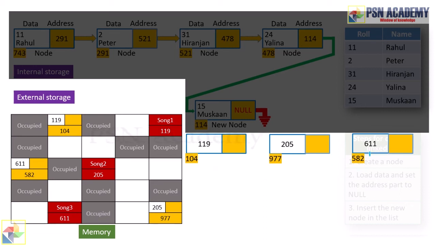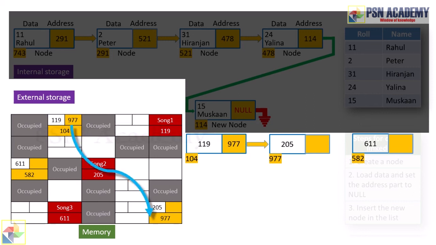Now, in the address part of the first node, you put the address of the second node like this. So visually, you can see here, the 977 has been written here, and conceptually it is shown here that 977 is written. So as soon as you put 977 over here, you get a link between this first node and the second node.